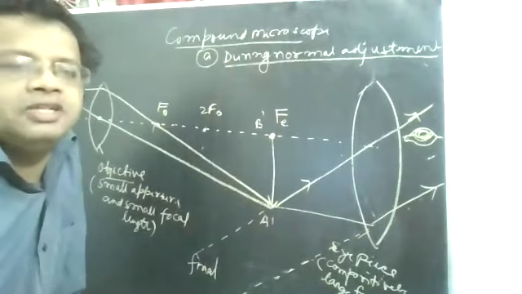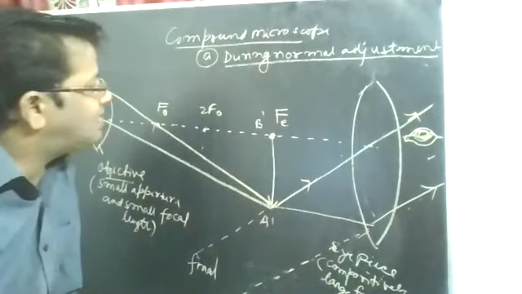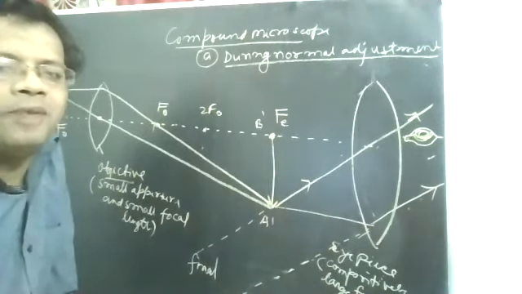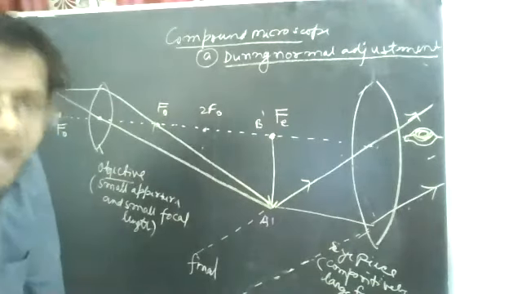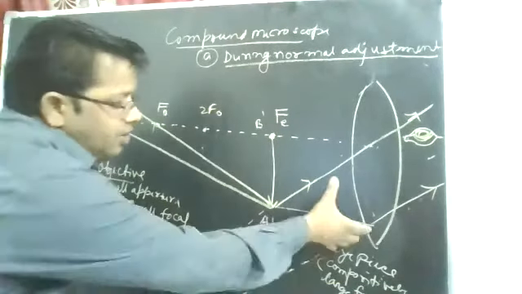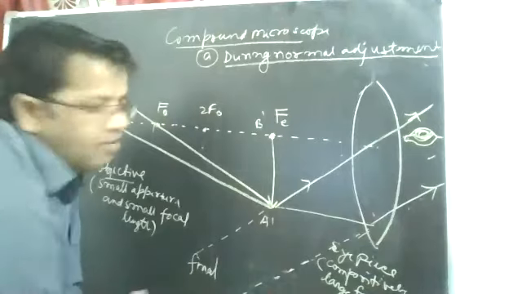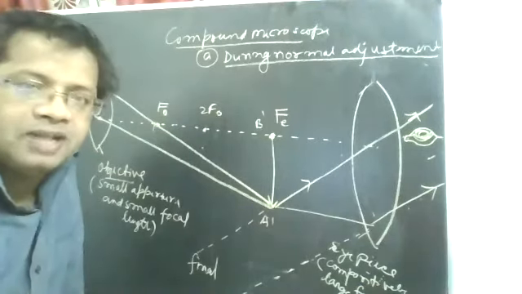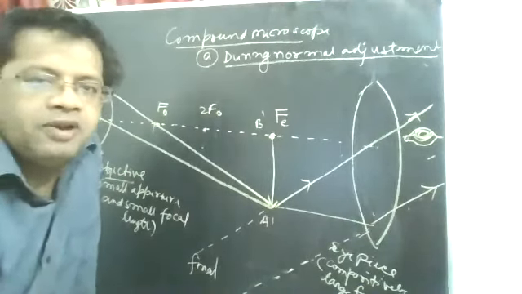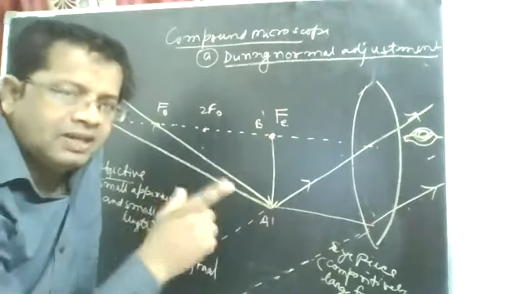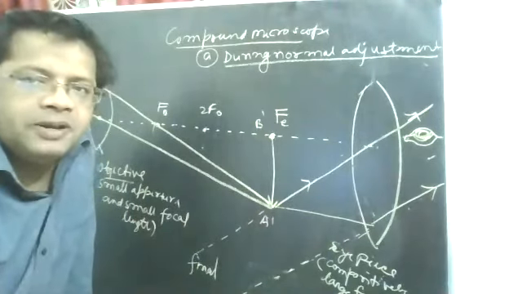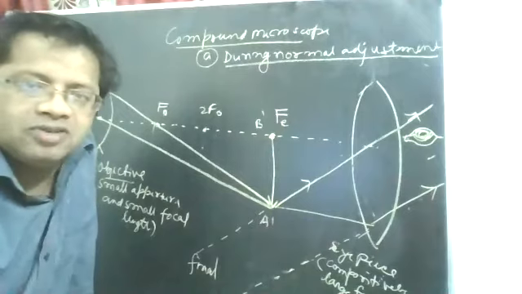Similarly, when this condition takes place inside the compound microscope, it is called normal adjustment, where the final image forms at infinity. I have already discussed in the previous class that during fine adjustment, the final image forms at D, that is 25 centimeters, the least distance of distinct vision.